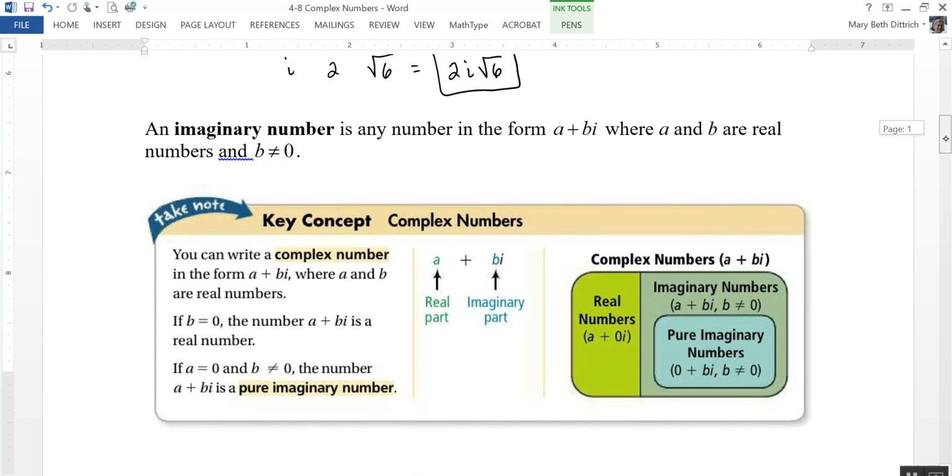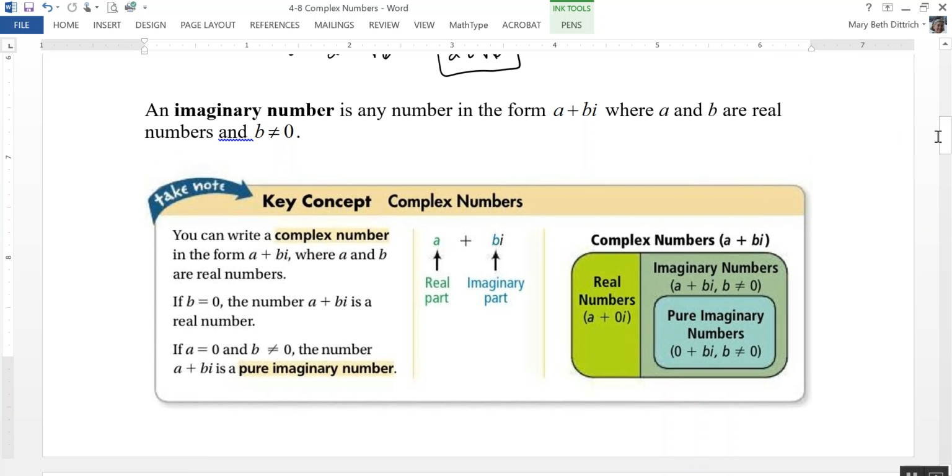So here's a summary from your textbook of complex numbers. An imaginary number is any number in the form a plus bi, where a and b are real numbers and b is not equal to 0. I really like this chart here. Here we have all the complex numbers, and that's all of the numbers that we know. The real numbers are actually a part of complex numbers when b is equal to 0.